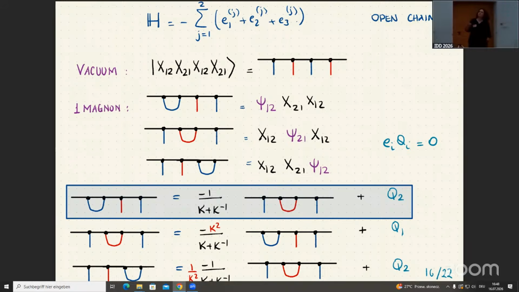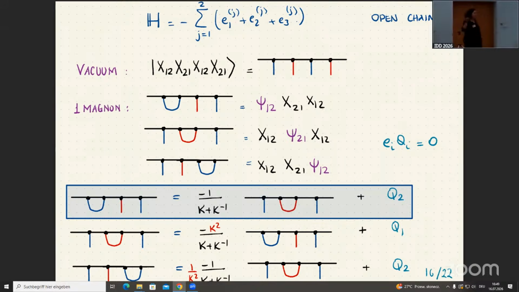You can use some symmetrization and antisymmetrization, play around, and you see that you can rewrite the state as something that now has the bubble in the middle, but with a different color, plus something that always gets killed by the E. So every time you need to move the bubble to the right, you always get the same coefficient, no matter the color. But if you want to move it to the left, if it was a red, you get a kappa squared, and if it was a blue, you get a 1 over kappa squared.